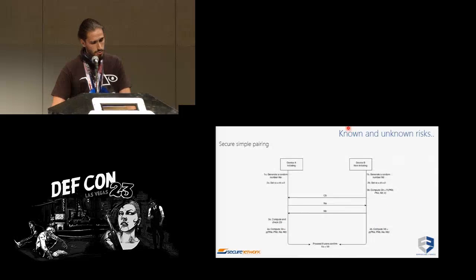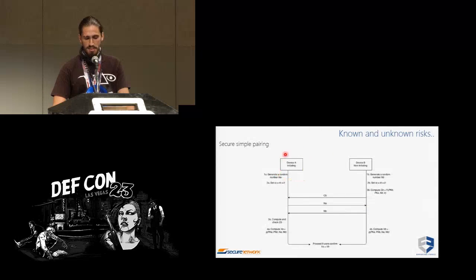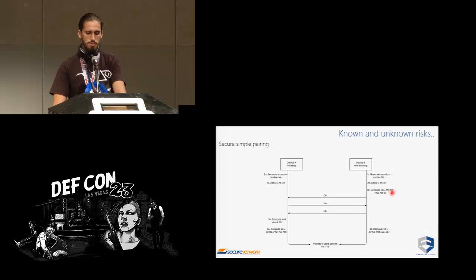And after version 2.1, here comes the Secure Simple Pairing. So device A, the initiating one, generates a random number, Na, and device B, the non-initiating one, does the same with another random number. Then in this pairing mechanism, the two devices have already exchanged their public keys, named PKB and PKA.